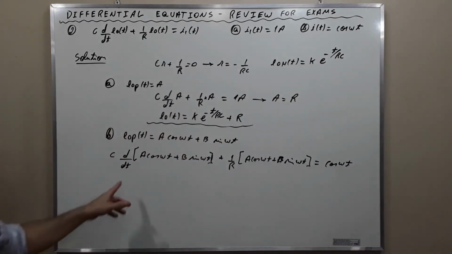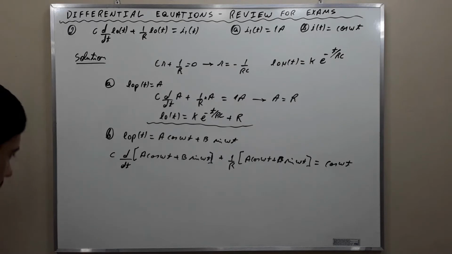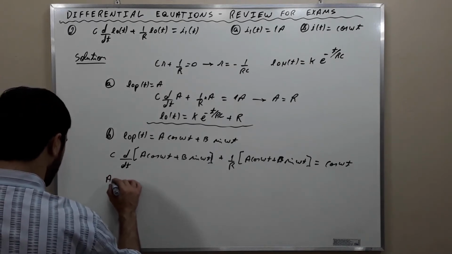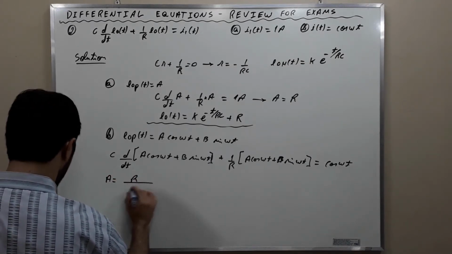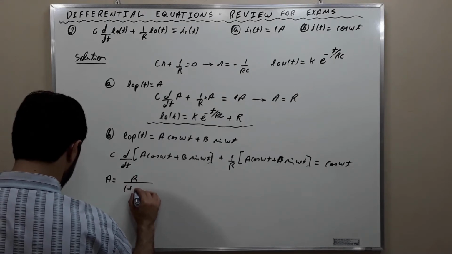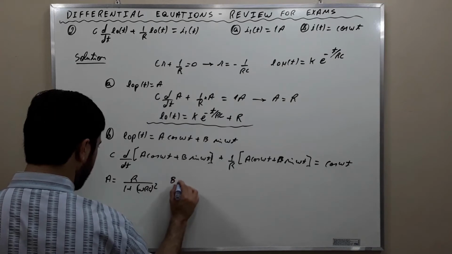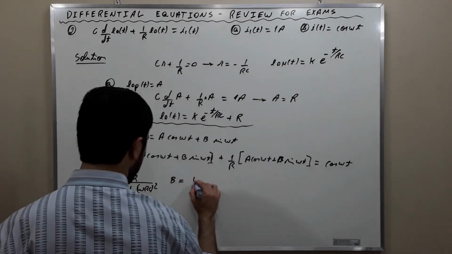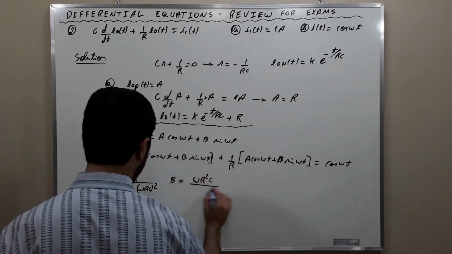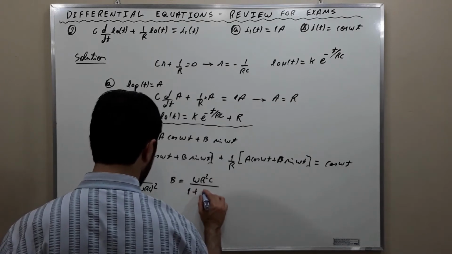And if we develop this, we get that A is equal to R over 1 plus (WRC) squared, and B equal to W R squared C divided by 1 plus (WRC) squared.